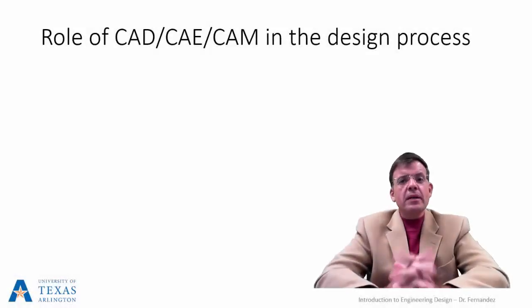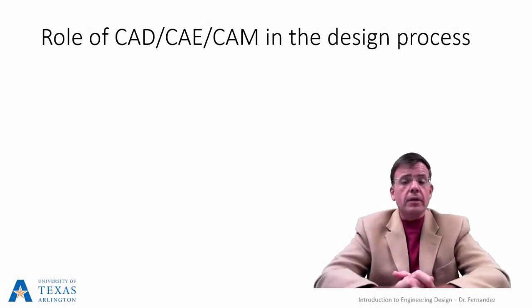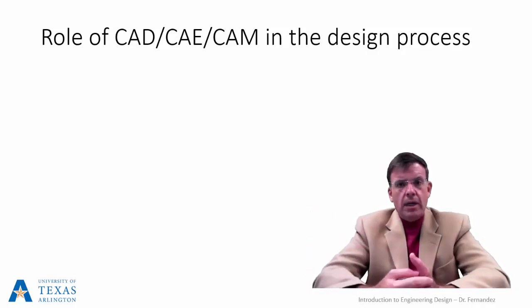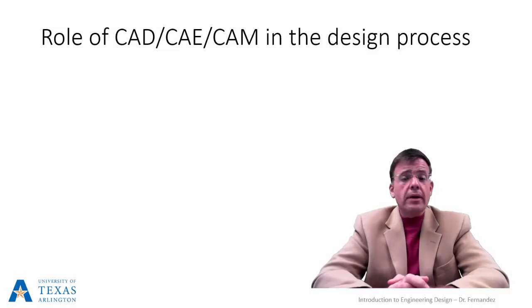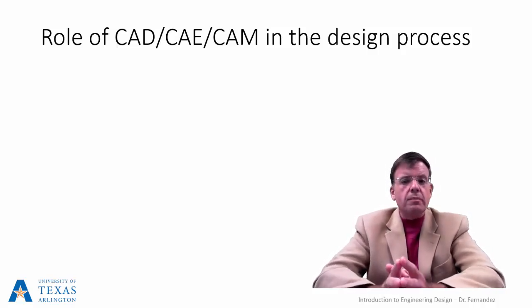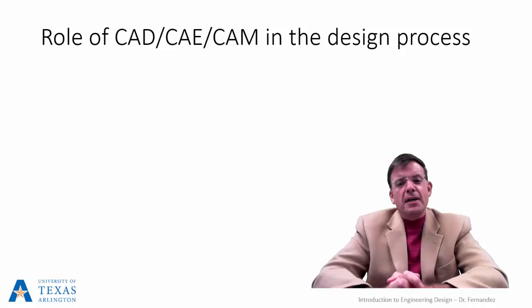Well, I want to take just a couple of minutes to talk about the role of engineering design software in the design process. So I'm referring to what's known collectively as the CAD, CAE, CAM packages. Okay, so definitionally, first of all, CAD, computer-aided design. Somebody might have said in the past that it most properly was computer-aided drafting, and they would have been right to say that.